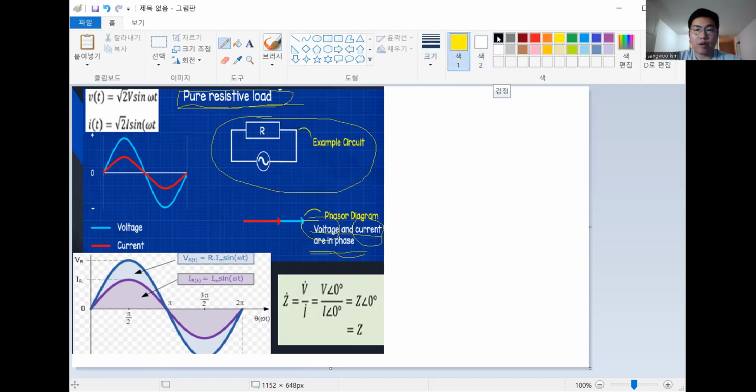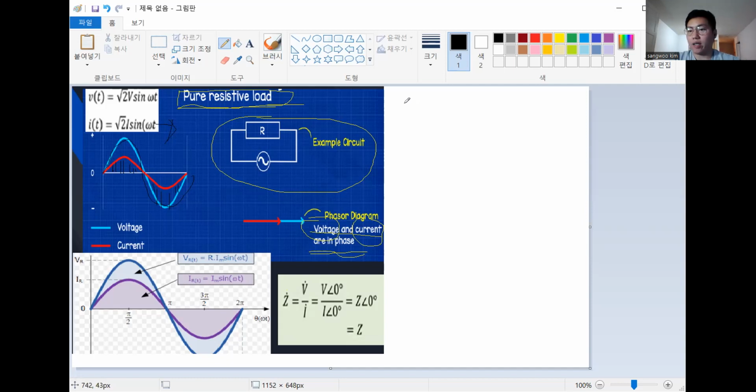This is a sine wave, or it could be a cosine wave, it doesn't matter. Every single wave has special values, which we call instantaneous values. But we want to know it easily, so that's why we use a phasor. A phasor indicates the magnitude and the angle.